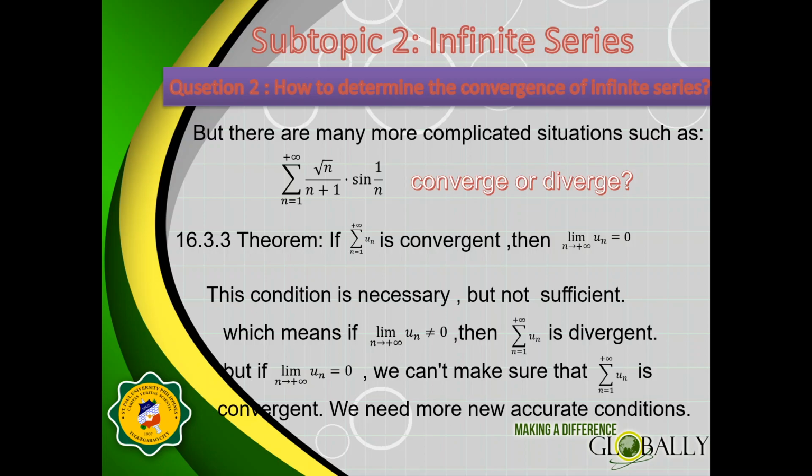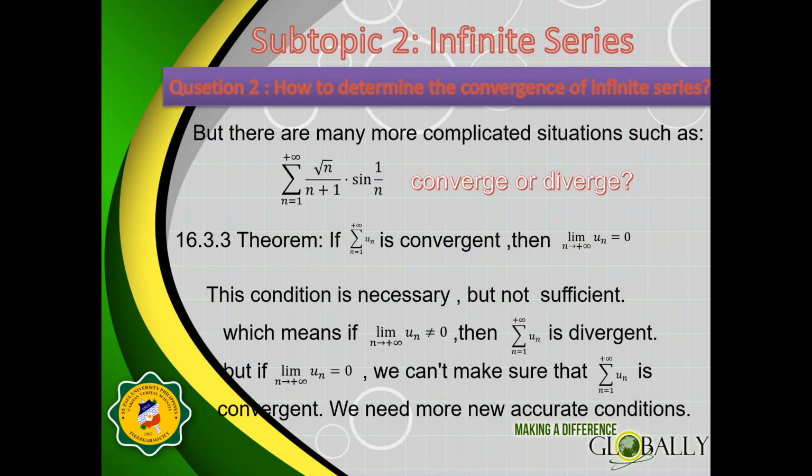Here we have some theorems. Theorem 16.3.3: if the infinite series is convergent, then the limit of the terms is equal to 0. This condition is necessary but not sufficient, which means if the limit of the terms is not equal to 0, then the infinite series is divergent.